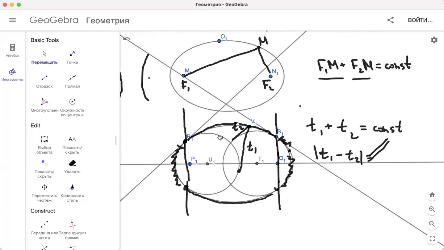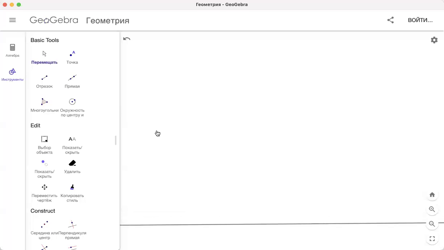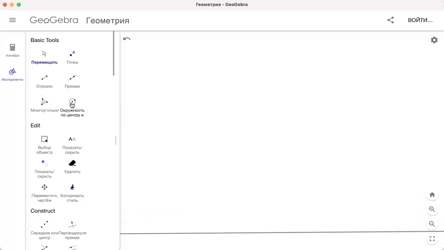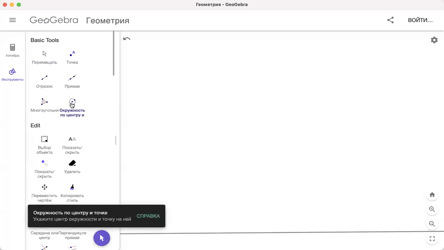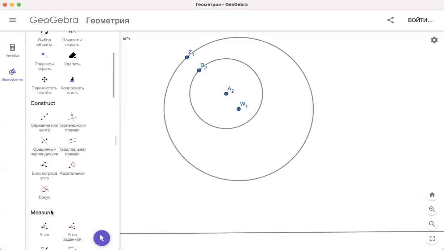Okay, and let me prove that all ellipses in our initial figure here are similar.